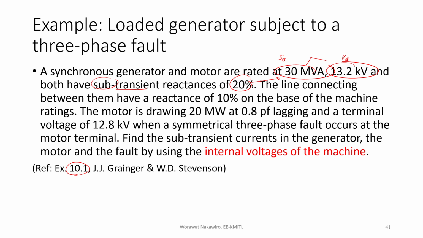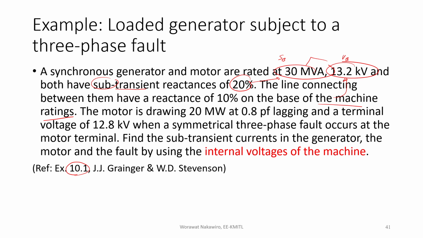The line connected between the generator and motor has a reactance of 10% based on the machine ratings, meaning the same base, 30 MVA, 13 kV.